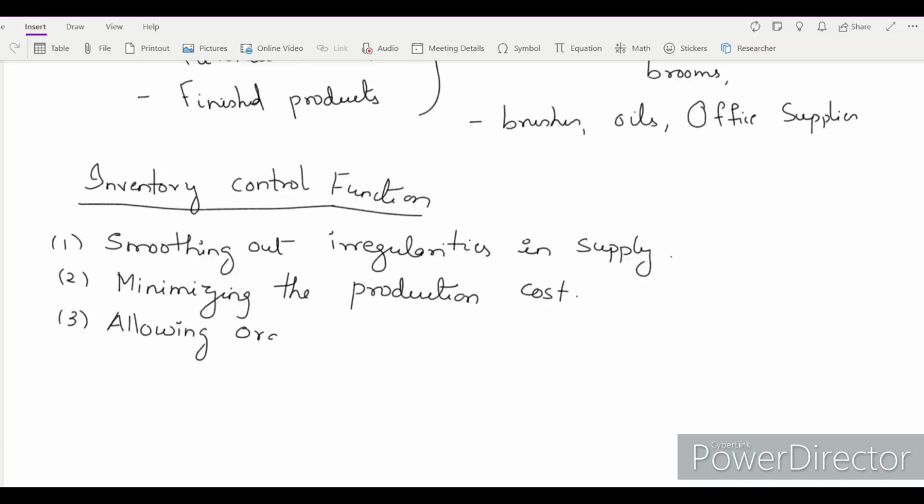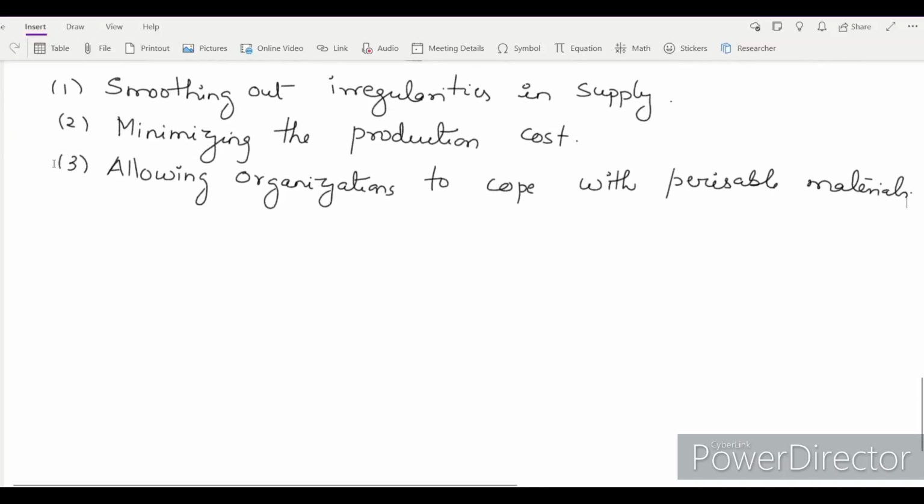Other small functions are also there that you can go through. These are the basic functions, and again, I've already told you that inventory also consumes your cost. So now I will start inventory cost. This is the most important thing.